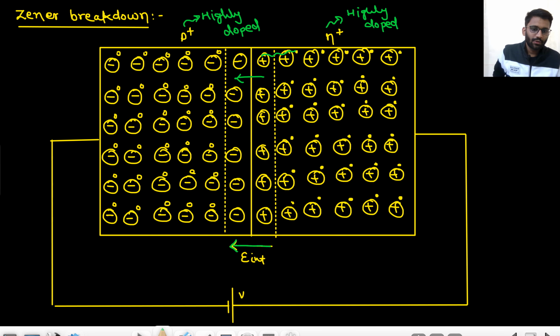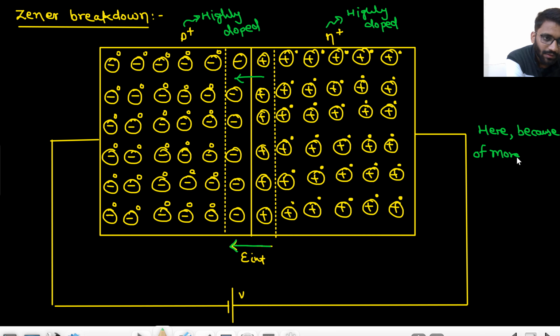Okay. So because of this high electric field, the depletion width is small, but E internal is very strong here, because of more doping.